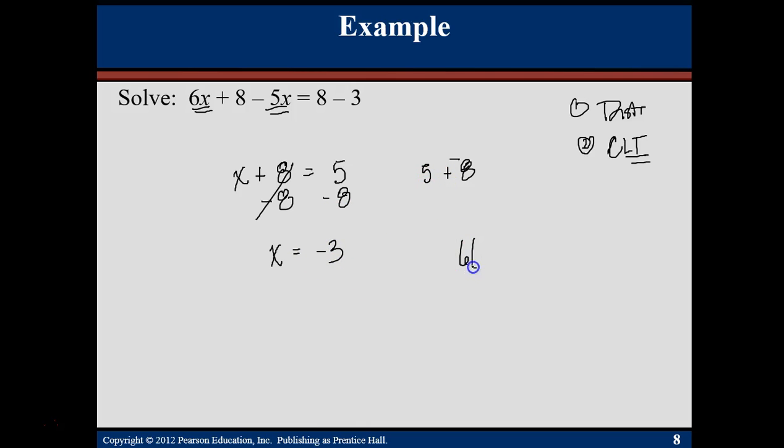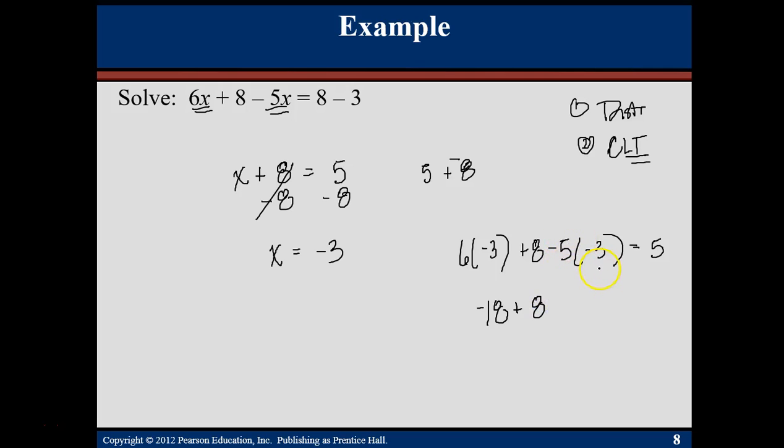You can check it. It's a little bit longer. If x is truly a negative 3, when I plug in a negative 3, these two sides should be the same. I'm going to say 8 minus 3 is just a 5, just because I'm out of space over here already. 6 times a negative 3 is a negative 18 plus 8.